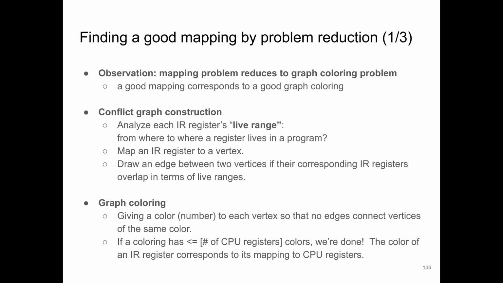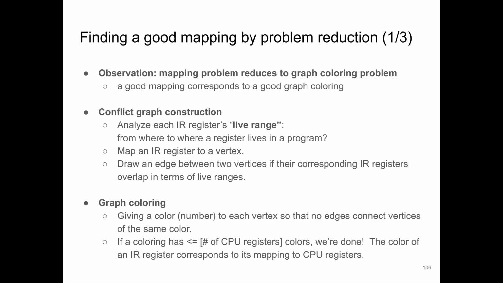And surprisingly, this graph coloring problem is very much related to the register allocation problem. So let me explain how to reduce this register mapping problem into the graph coloring problem. The first step is to construct what is called a conflict graph of IR registers.